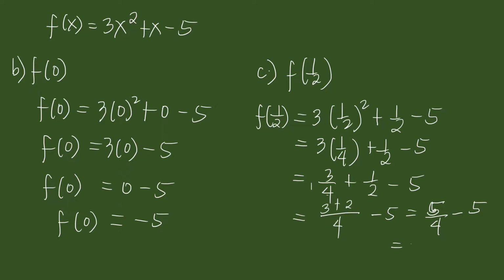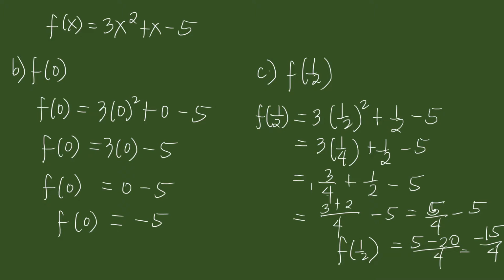Subtracting this would be the same as 5 minus 20 over 4. So eventually that is equal to negative 15 over 4 when your input value is equal to 1/2. So that is for our given function 3x squared plus x minus 5.